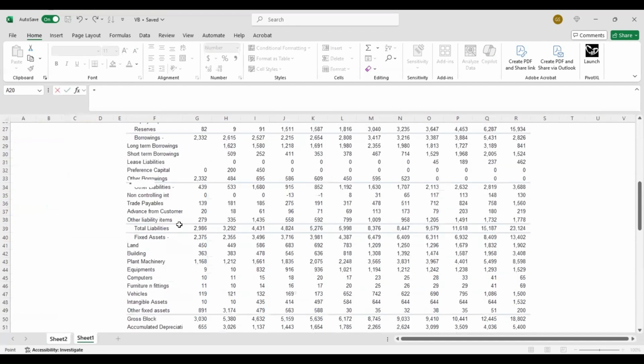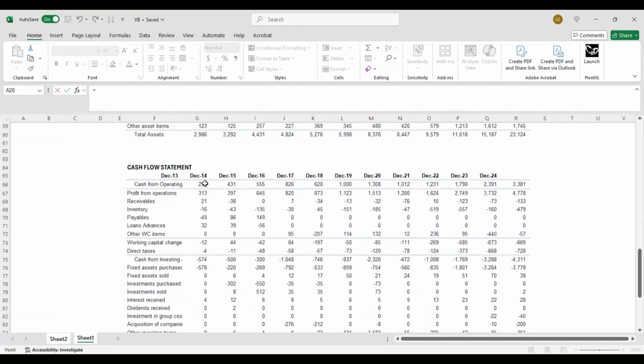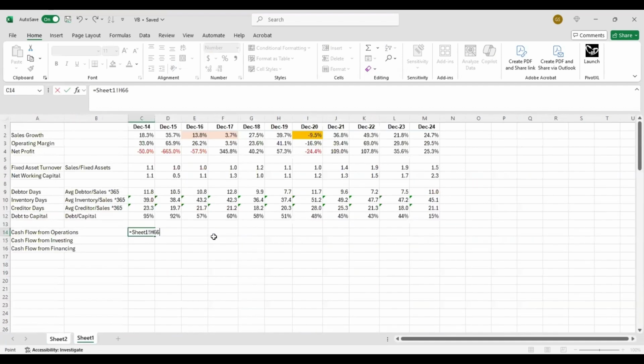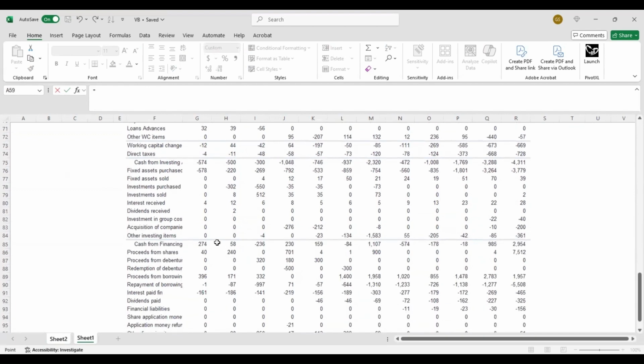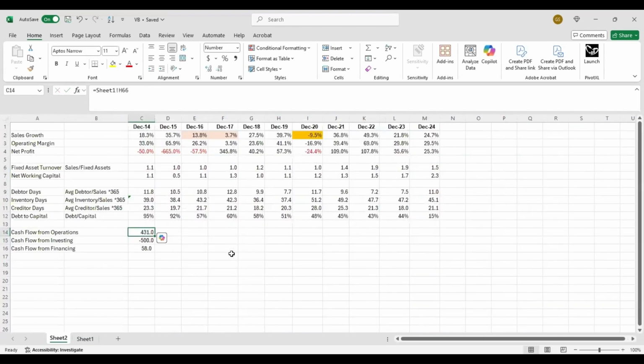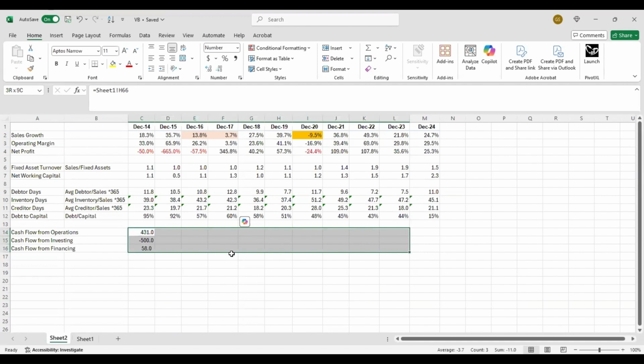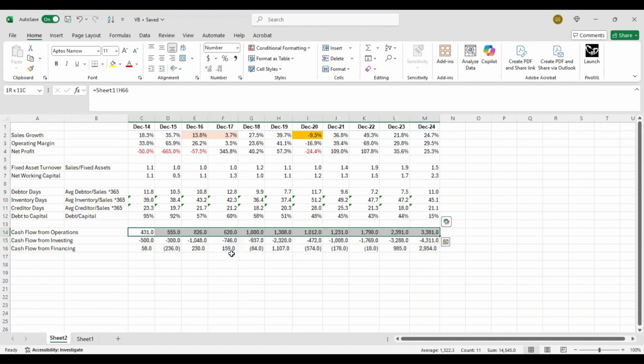It should be there in our cash flow statement. Let's scroll down. This is cash flow from operations, this is cash flow from investing activities, and this is cash flow from financing activities. Copy this through 2024.